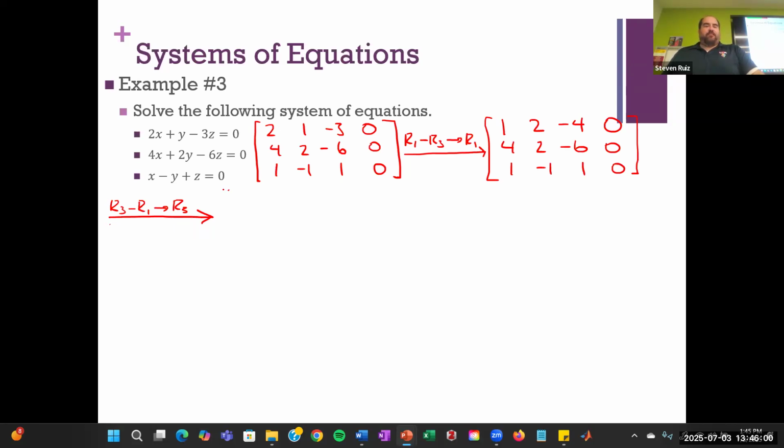Yeah, okay. So top 2 rows are going to be the same. Row 3 minus row 1, 0. Actually, I take it back.